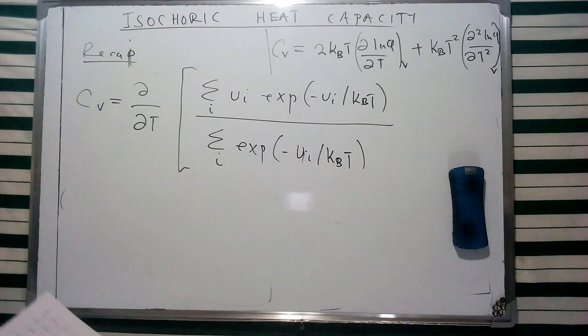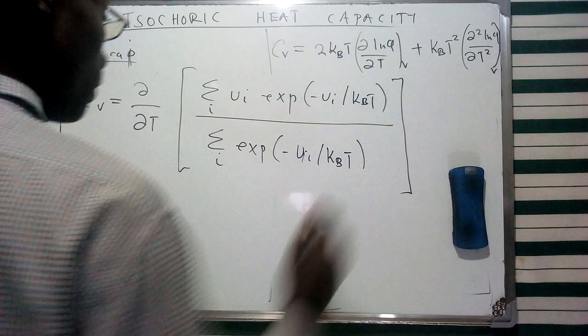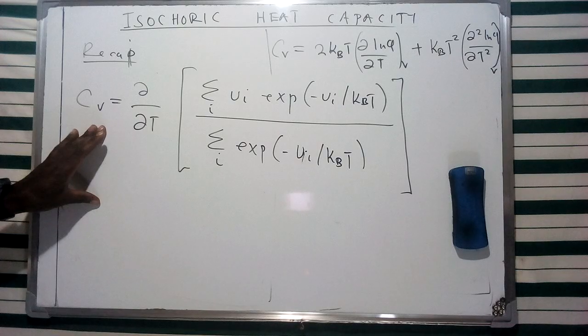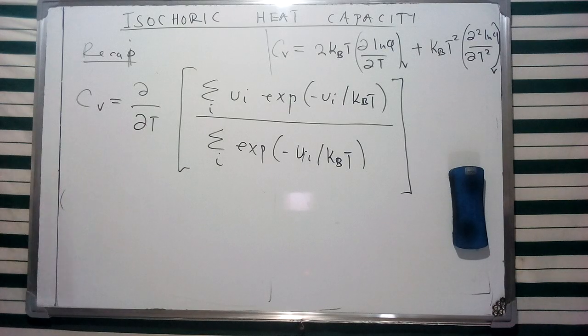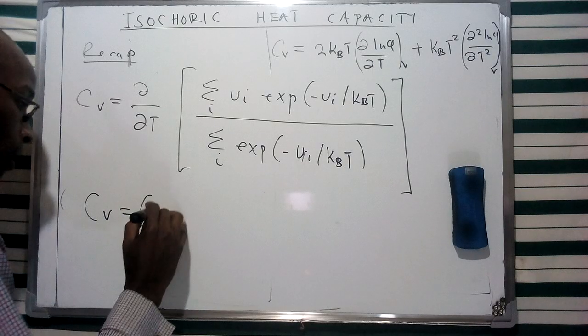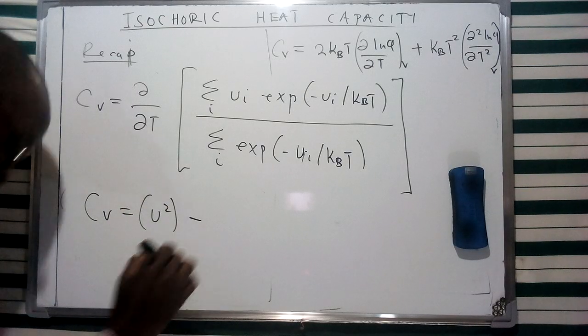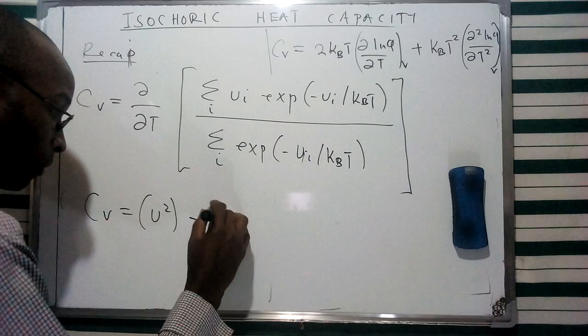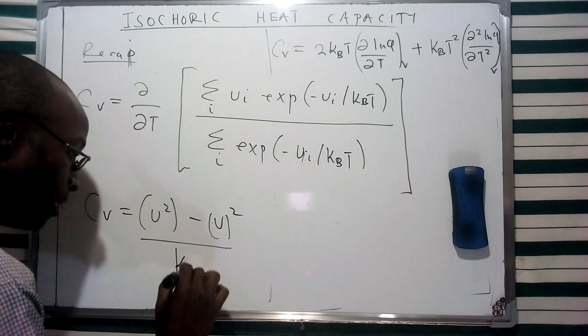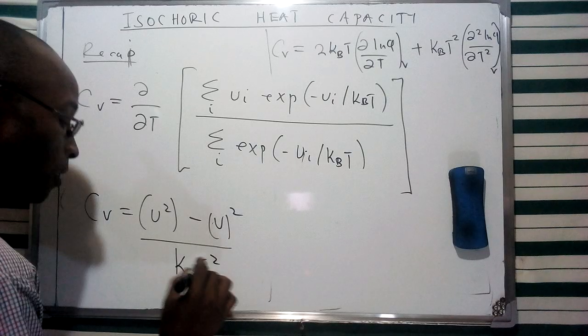So this forms what we refer to as an ensemble average. From that definition, we're going to see that the heat capacity can be represented in a simplified form, C_V, which is equivalent to the mean of U squared minus the square of the mean of U, over k_B T squared.